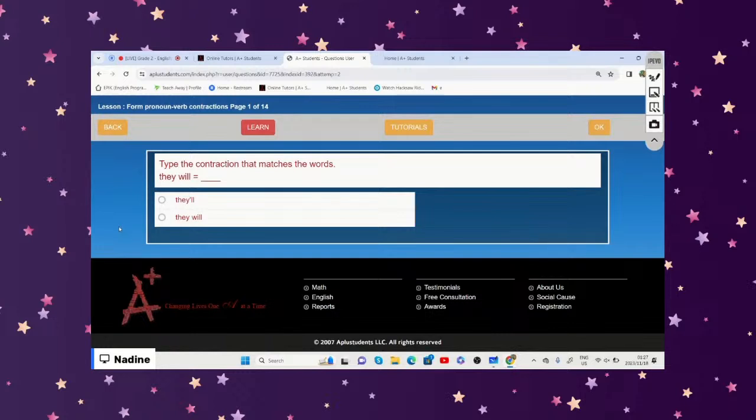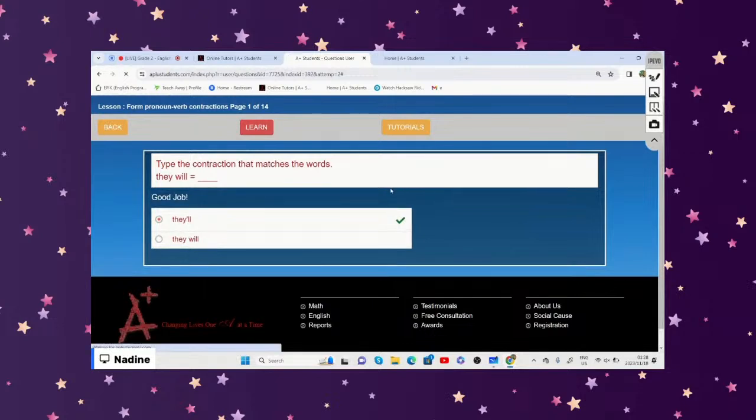So they will. Is it they'll or is it they will? All right, if we choose the correct one, then we will say it is they'll. So they will, they'll. And they'll is correct. So well done.